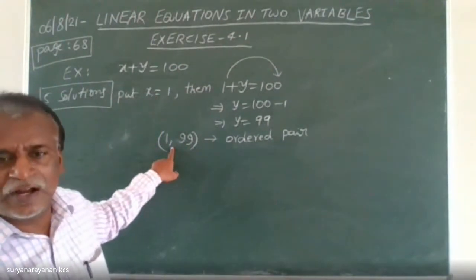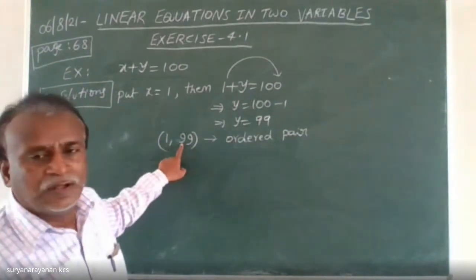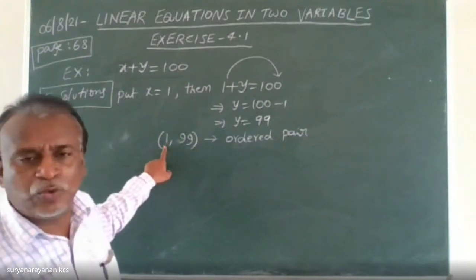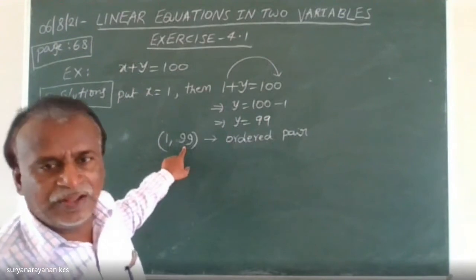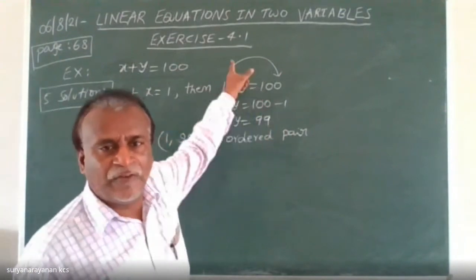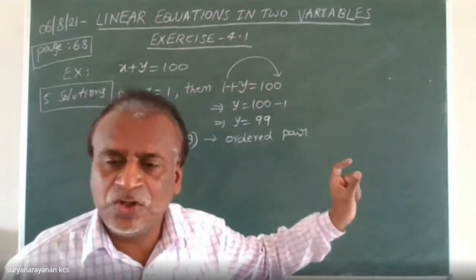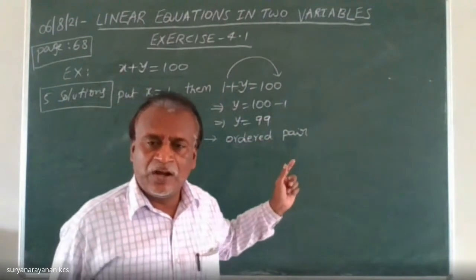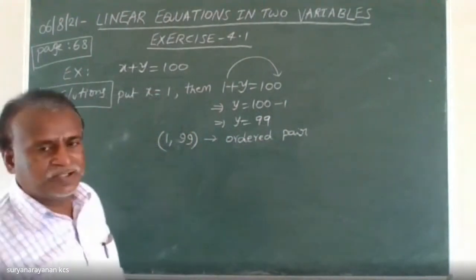The first number denotes the value of x and the second number denotes the value of y. In the coordinate system, we call them abscissa and ordinate. This is one of the solutions.